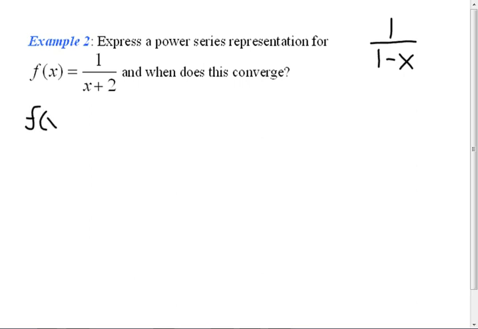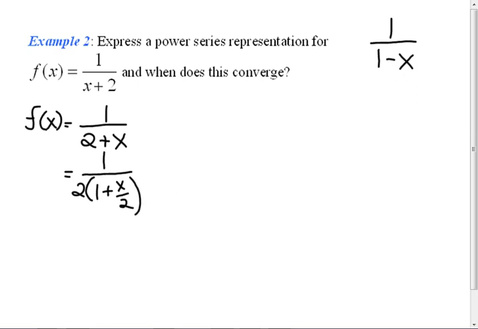But how about if I did this? What if I did this? 2 plus x. Getting a little bit better, because it has the 1 first, so I'll put the constant first. Can I factor out a 2? Yes, take a 2 out, and I'm left with 1 plus x over 2.